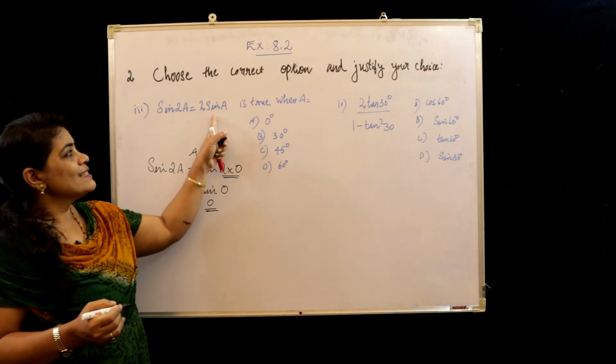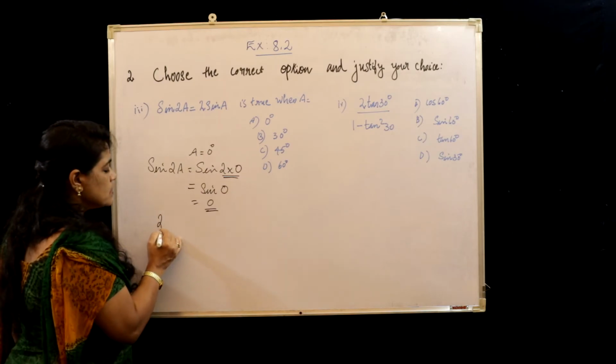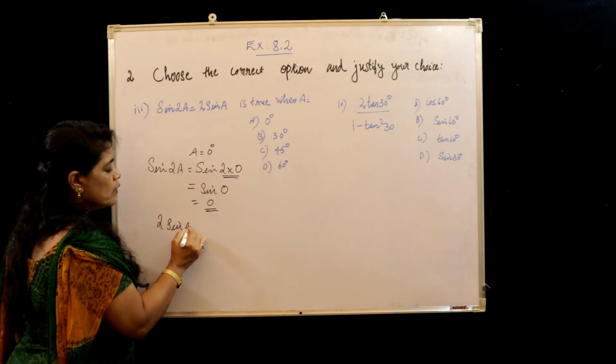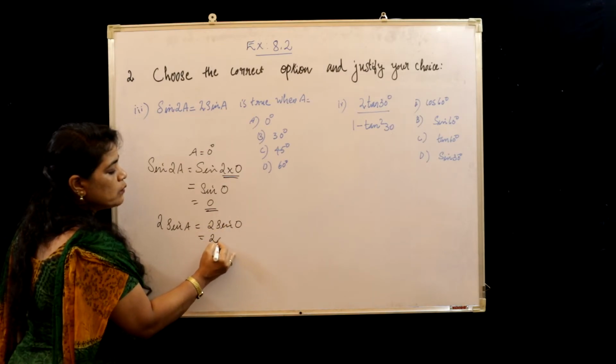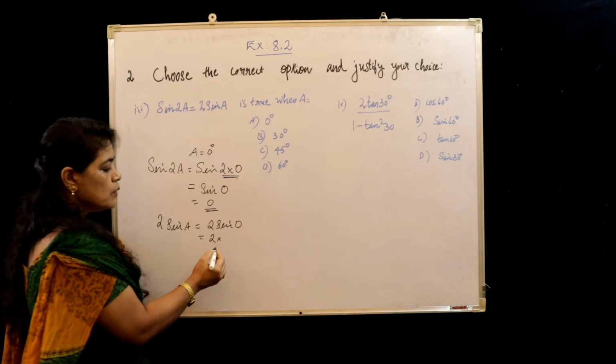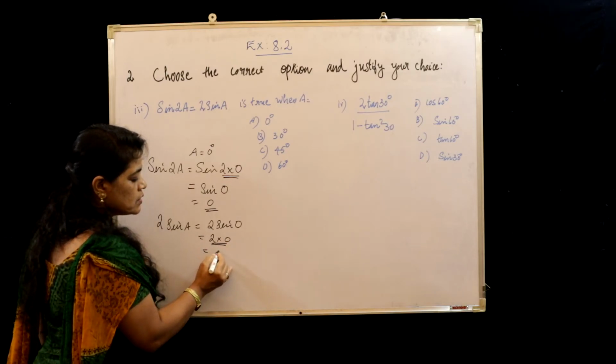Now we are going to take its RHS, that is 2 times sine A. We substitute the value of A as 0. So 2 into sine 0, which is 0. That means 2 into 0 is 0.